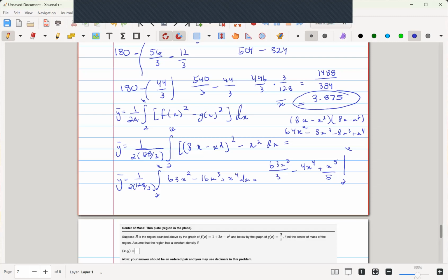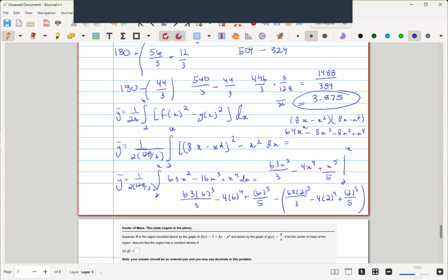We can write that as 63 times 6 cubed over 3 minus 4 times 6 to the 4th plus 6 to the 5th over 5, minus 63 times 2 cubed over 3 minus 4 times 2 to the 4th plus 2 to the 5th over 5.